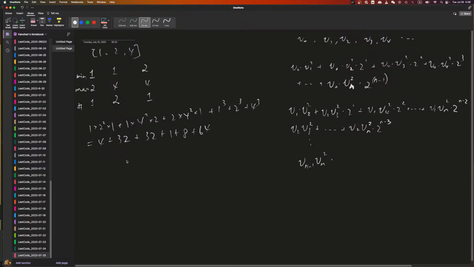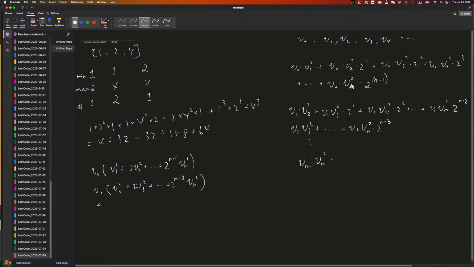For one thing, we can take V0 out. That's V1 squared and 2 V2 squared, up to 2 to the n minus 1 Vn squared, and then V1 out. It's V2 squared plus 2 V3 squared plus 2 to the n minus 2 Vn squared.